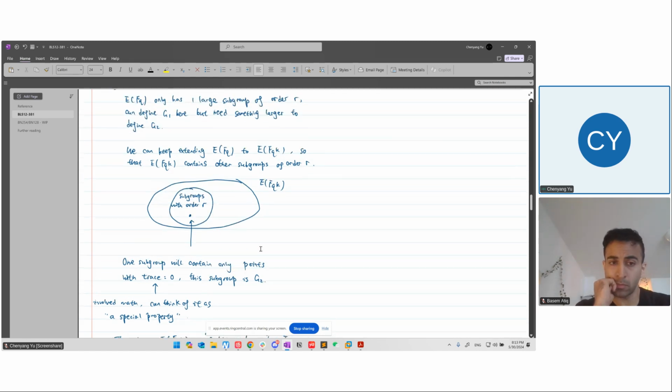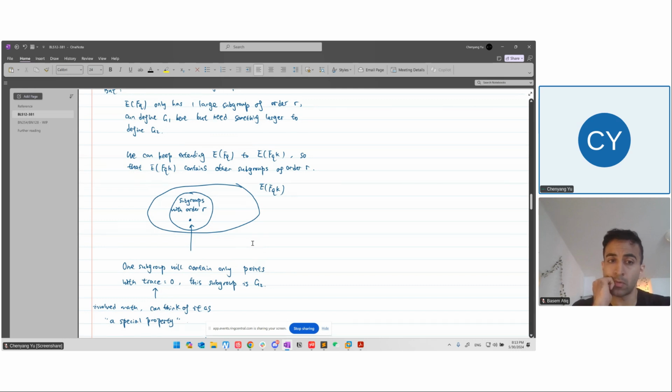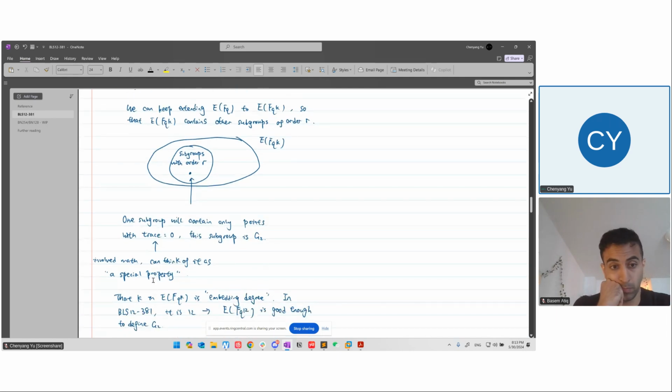But for now, just think about it: we already constructed G1, and from there we use that curve and extend it to a higher curve, right? And then we find all the subgroups in it with order R, and there is one special subgroup. The special property of it is trace equals 0. Why is that? I don't know. But this is G2. So this is how G2 was constructed.